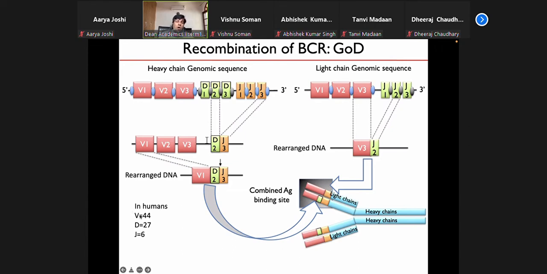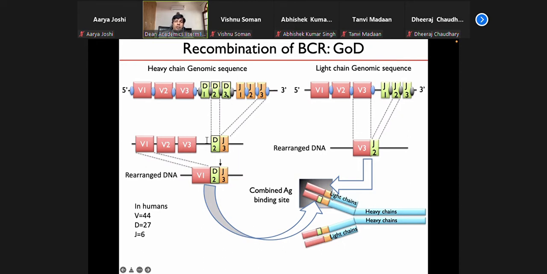Now, there are a lot of these V's, a lot of these D's, and a lot of these J's in humans, and also, for example, in mice. What essentially that means is that even one subtle change at this time point matters. For example, if you have combined D2 J3, this will have one antigen specificity.